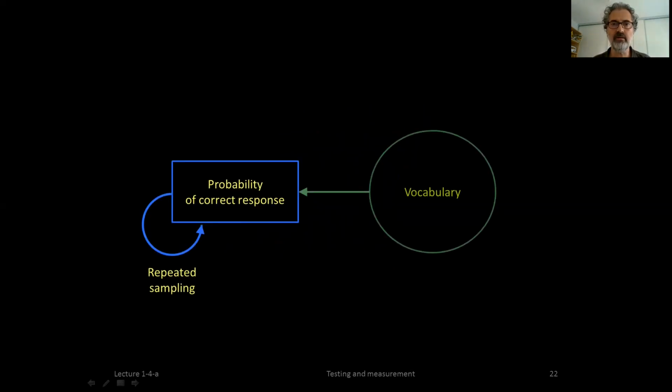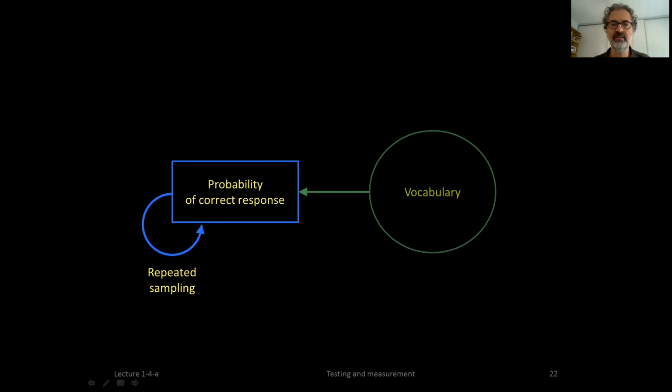So by choosing our items appropriately and adjusting the probability of correct response for each one, then we can use the actual responses of any individual person to estimate where this one might be for this person. One very important property of a good test that might make us believe it is that it should be stable.